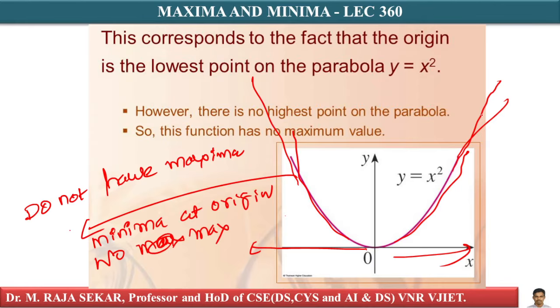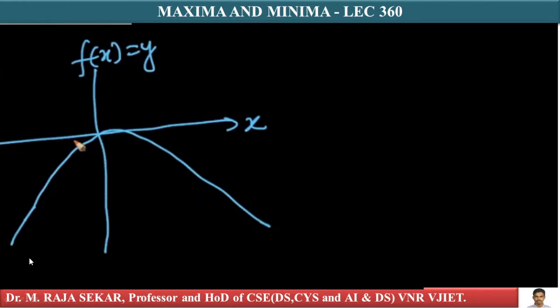Similarly, let's take some other function. Let me consider a function like this. Just observe this function. What does it say? I can say this function has a maximum at x equal to 0.